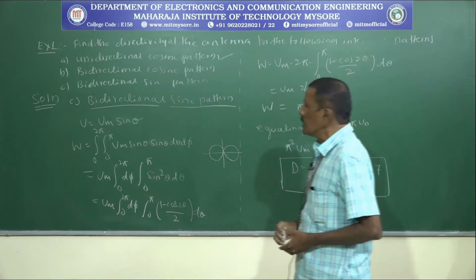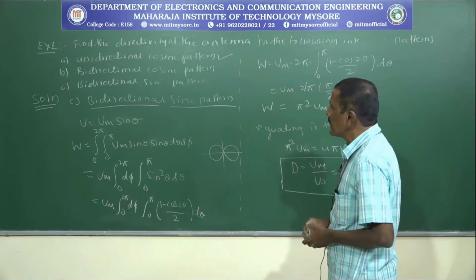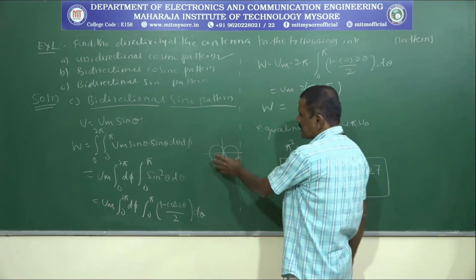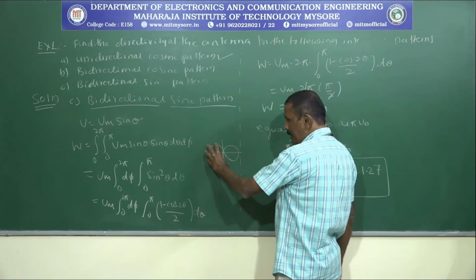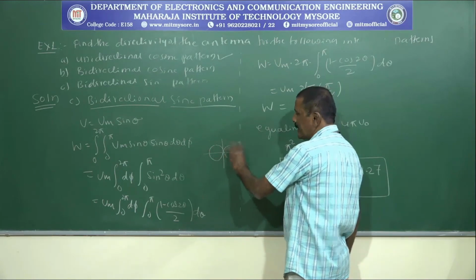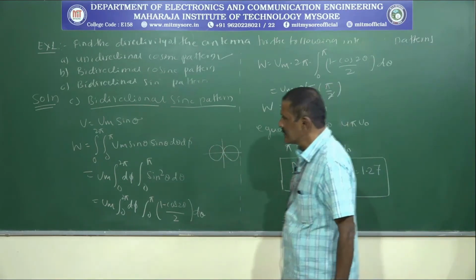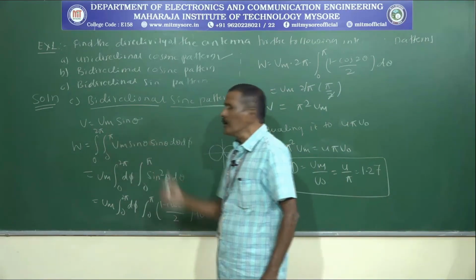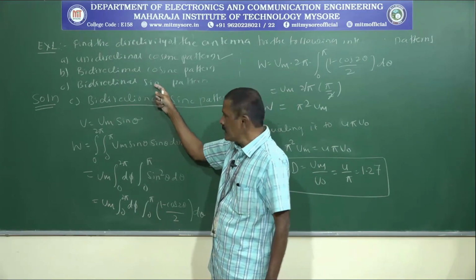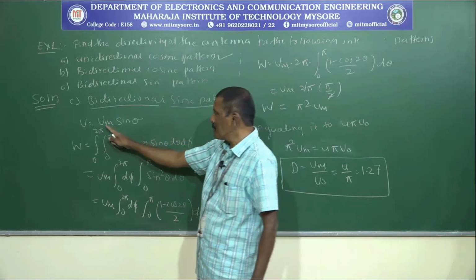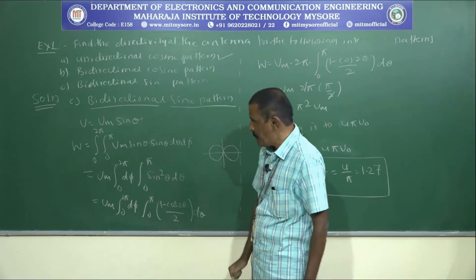Now, consider the third case, that is the bidirectional sine pattern. The sine pattern has been shown in this figure. It is bidirectional because we have radiation in this direction and radiation in this direction. Once again, U is equal to sin theta because we are considering the sine pattern. If it is a cos pattern, then U is equal to cos theta.